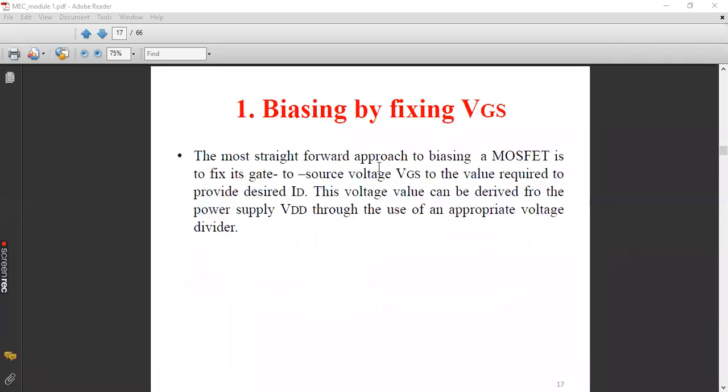This type of biasing technique is the most straightforward approach, the simplest way of fixing the Q point. It has its own drawbacks, but still we can use this particular technique because it is the most straightforward approach.